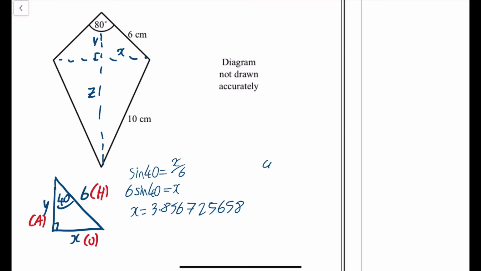To find my y, cos of 40 is equal to y over 6, which means 6 times cos of 40 is equal to y. Again, I'm copying their mark scheme, and they've given theirs as 4.5966659. Okay, so you've got your x and you've got your y.